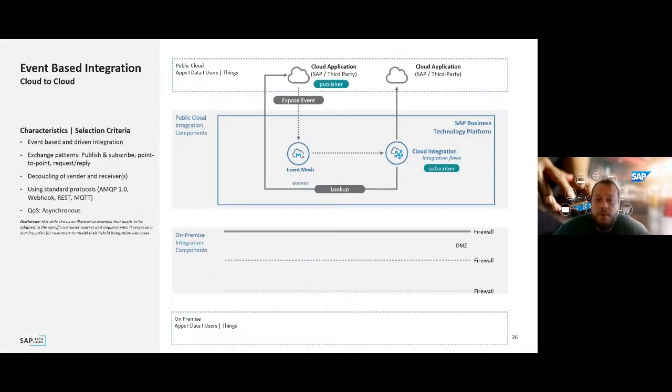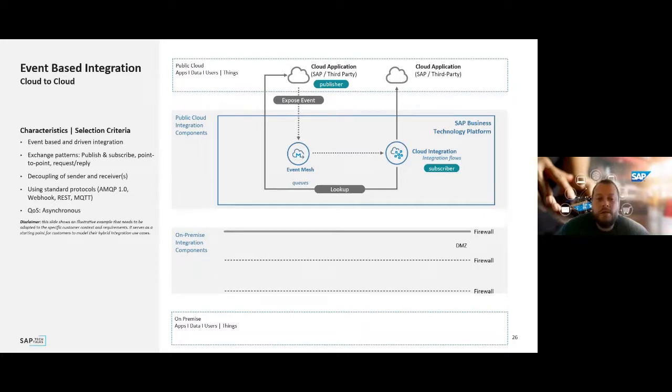To bring an example of a blueprint, right? In this case, we have a cloud application, which again can be SAP or non-SAP, as a publisher exposing events via Event Mesh. What is the trick here, right? At the current moment, and maybe SAP changed it today before we started the session, because in the roadmap they already have this mapped, the standard events sent by SAP only work with the ID of the event.